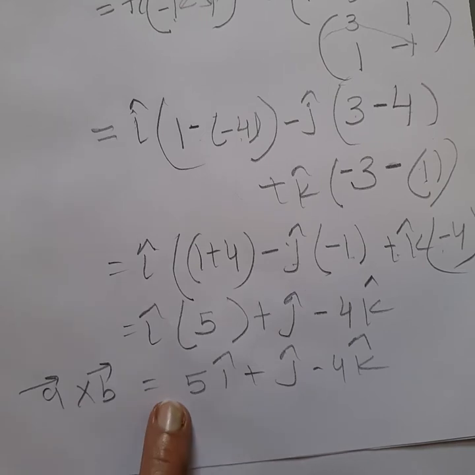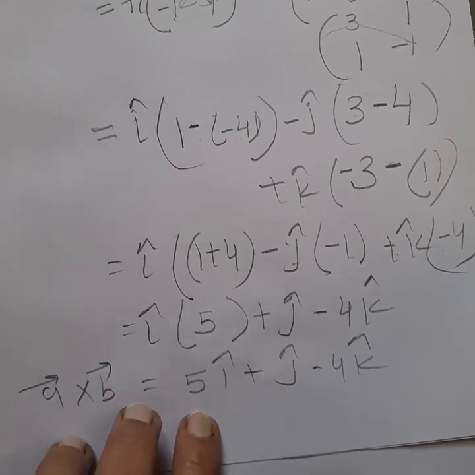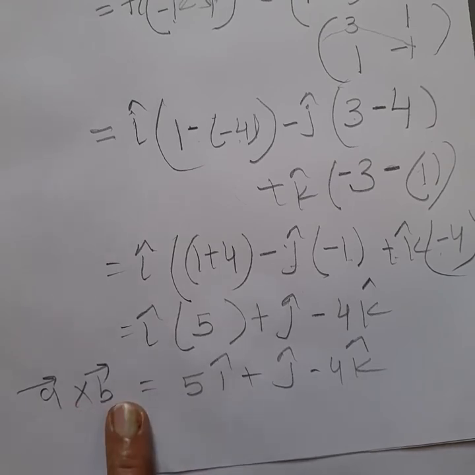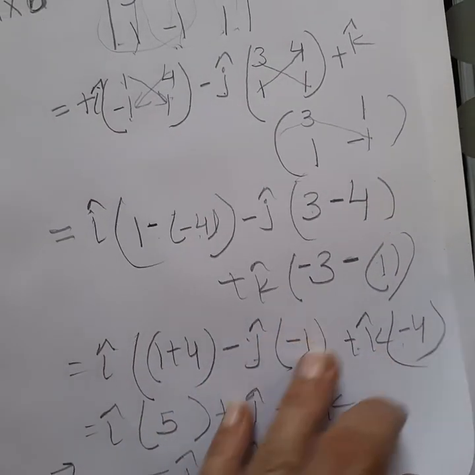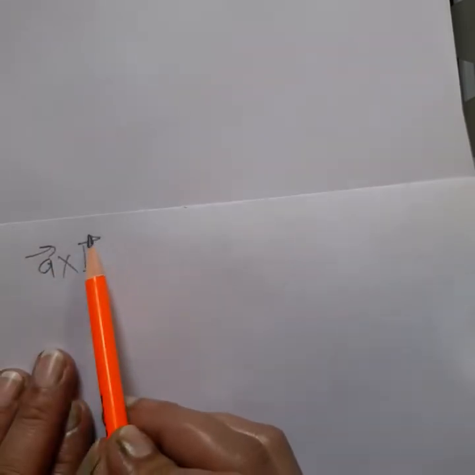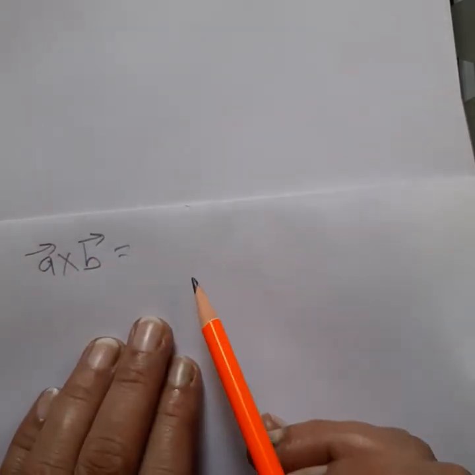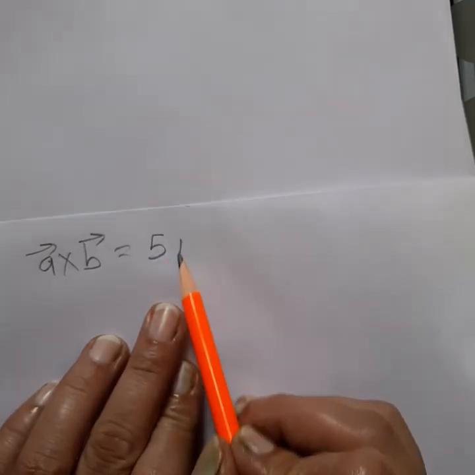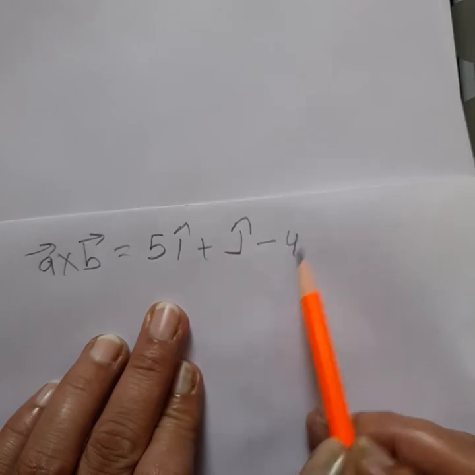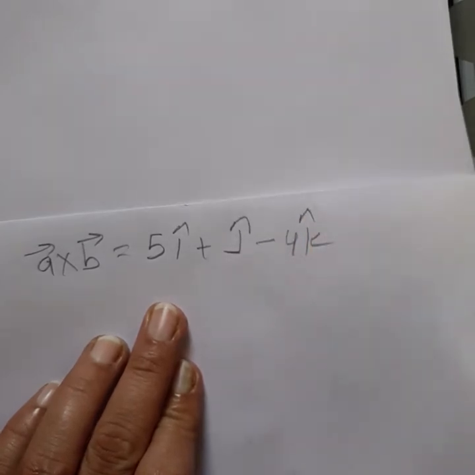Now to find the complete area, we have to take the magnitude of this vector product. So for that we write here again the value of a vector cross b vector. What we get is 5i plus j and minus 4k.